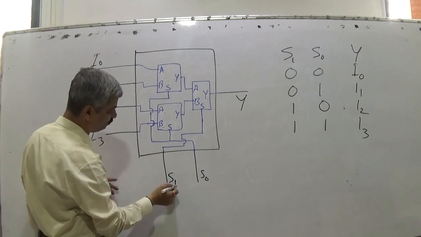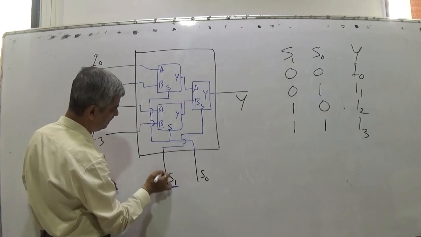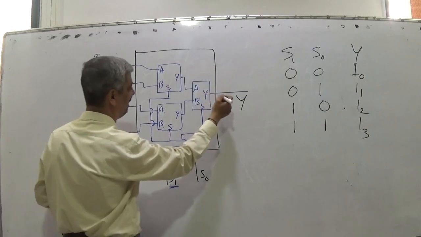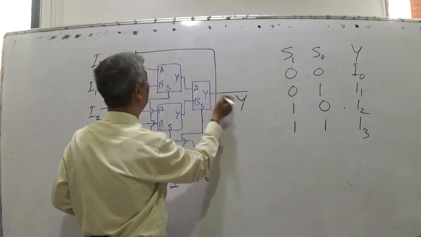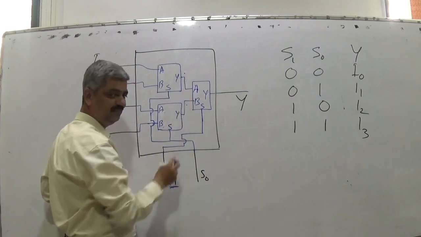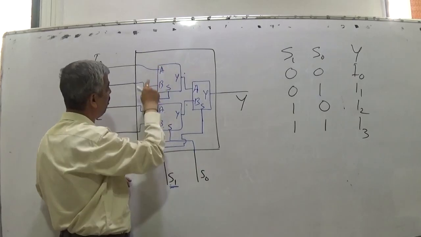Now this S1 is given as select line to the final multiplexer. So this final multiplexer will choose the output of this multiplexer or the output of this multiplexer. The output of this multiplexer is either this or this.